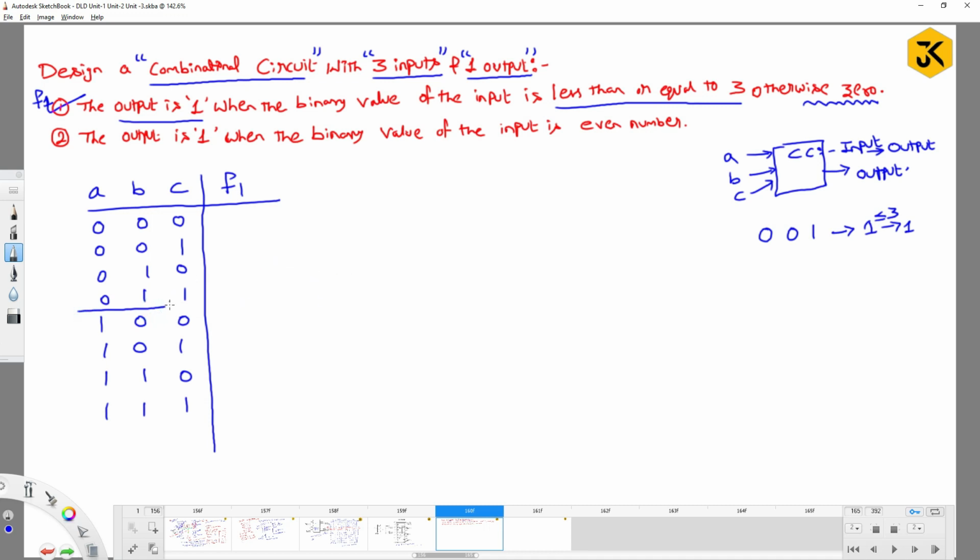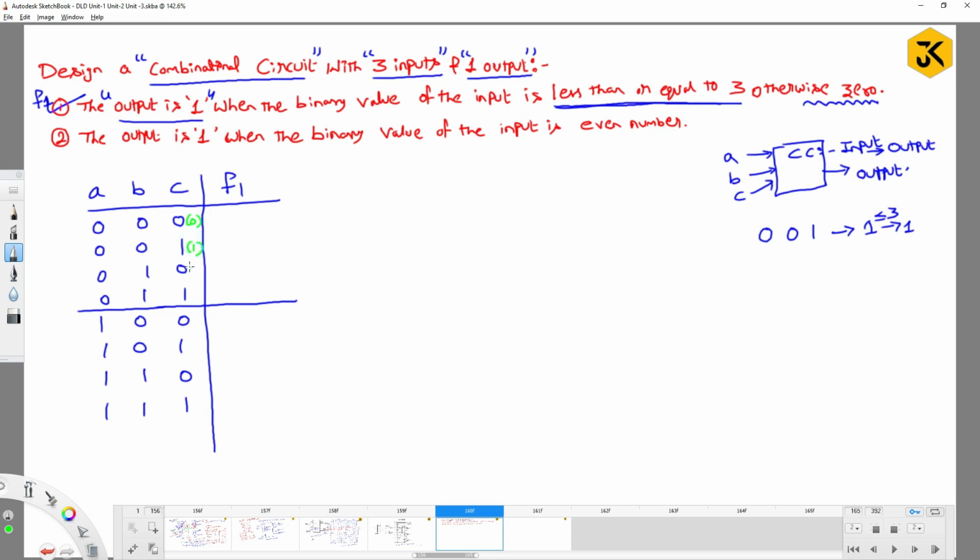Okay, fine. Now observe. What is statement 1 requiring? When the given bits are converted to a decimal value, it should be less than or equal to 3. Then I need to place the value as 1. Otherwise I have to place it as 0, right? Guys, observe. Is the decimal value of this binary value 0? Yes.